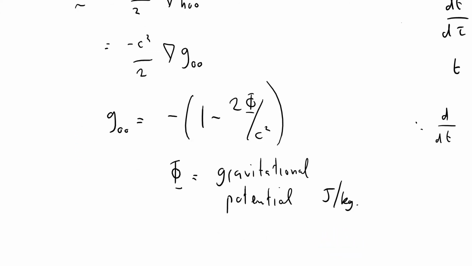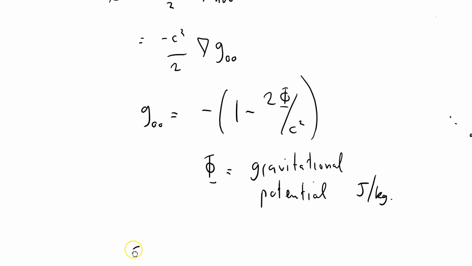Then we recover, in one fell swoop, minus c squared over 2 times the gradient of g 0, 0. We recover the whole of Newtonian mechanics, the whole of orbital mechanics.